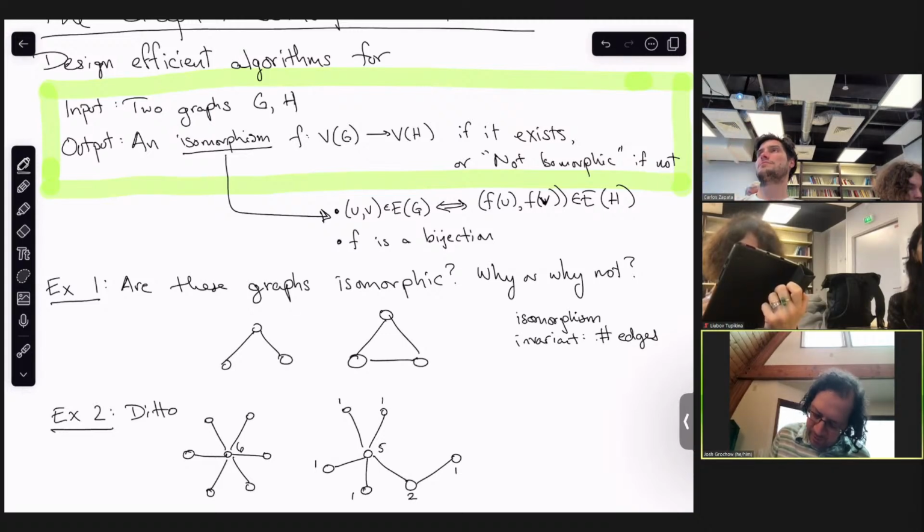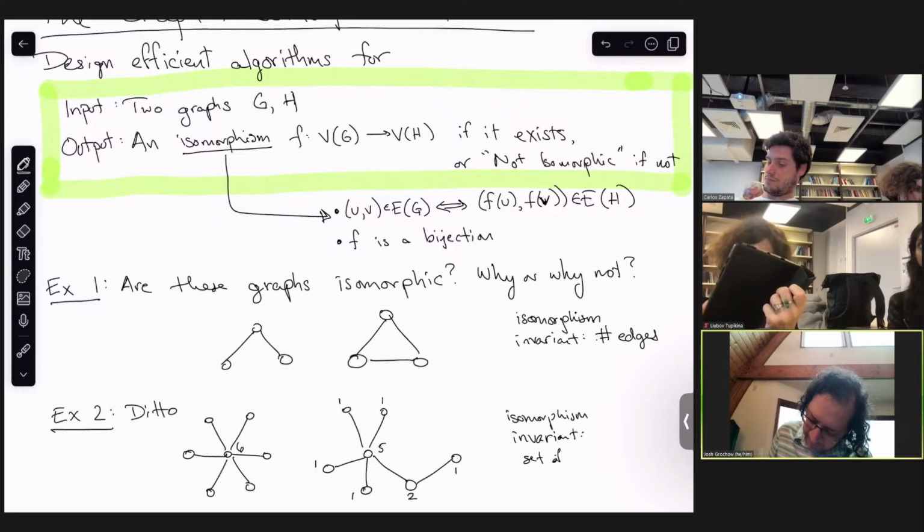And for the second one, our isomorphism invariant is really, in this case, the set of degrees.